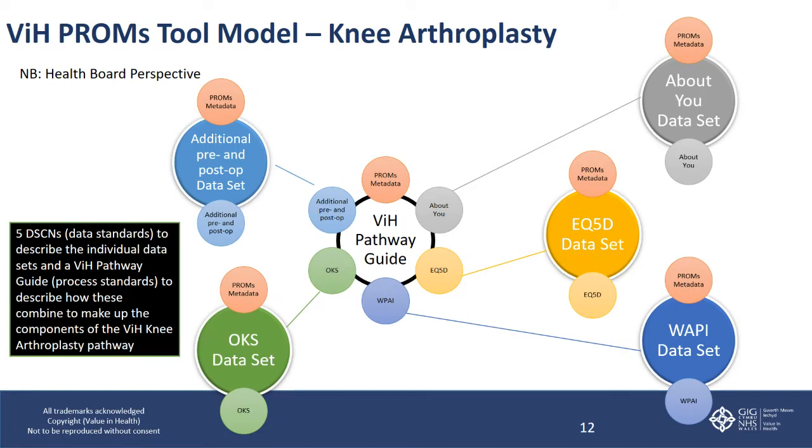The OKS condition-specific questionnaire, and the additional pre and post questions that may be asked. When we collect the PROMs, we also tag the metadata as part of the data flow for reasons previously stated. Again, we don't have the opportunity to go into this in more detail in this presentation. Next slide, please.